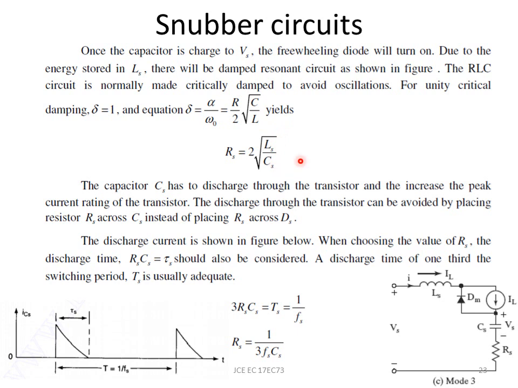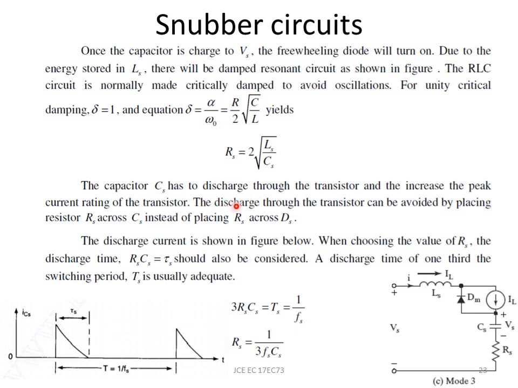So I've got three formulas now: one for Ls, one for the capacitor Cs, and the other for Rs. Note that the S stands for the snubber. These are the snubber elements R, C and L, and these are the equations I am using to evaluate their values.